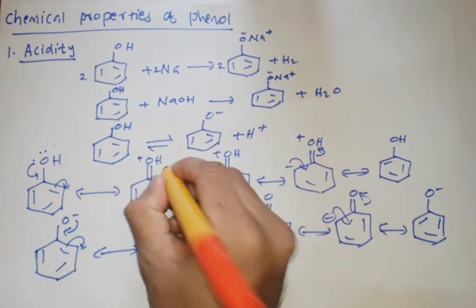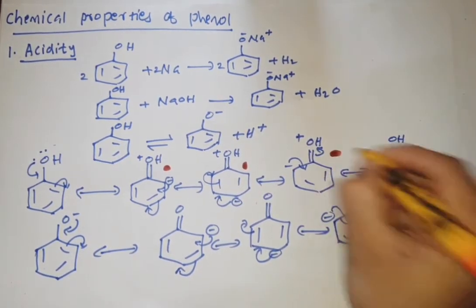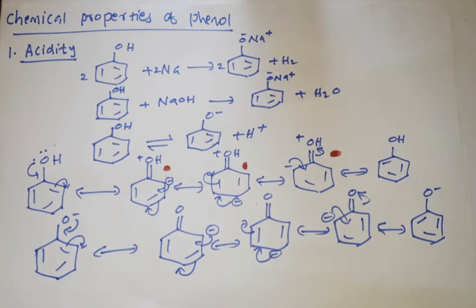Here is a charge separation. Similarly, this structure also contains charge separation. This structure also contains charge separation. So, due to resonance of phenol, there is a chance for creating charge separation.